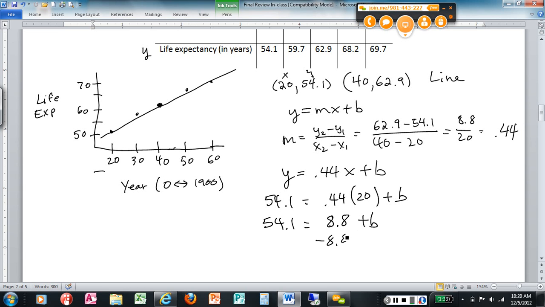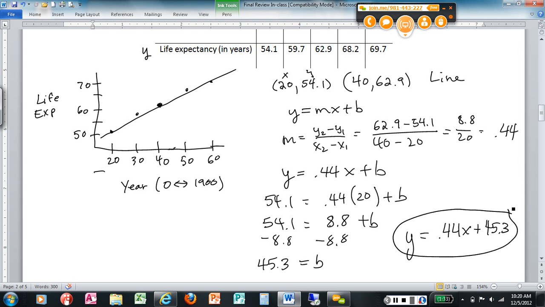Subtract the 8.8, and so b, by my calculations anyway, is 45.3. With me on that? So the equation here I get is y equals 0.44x plus 45.3. Anybody else okay with that? Does that look okay?